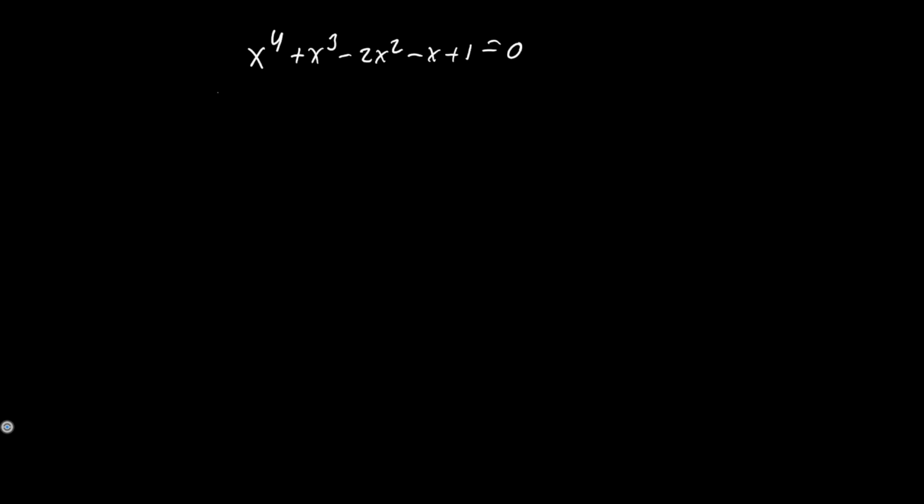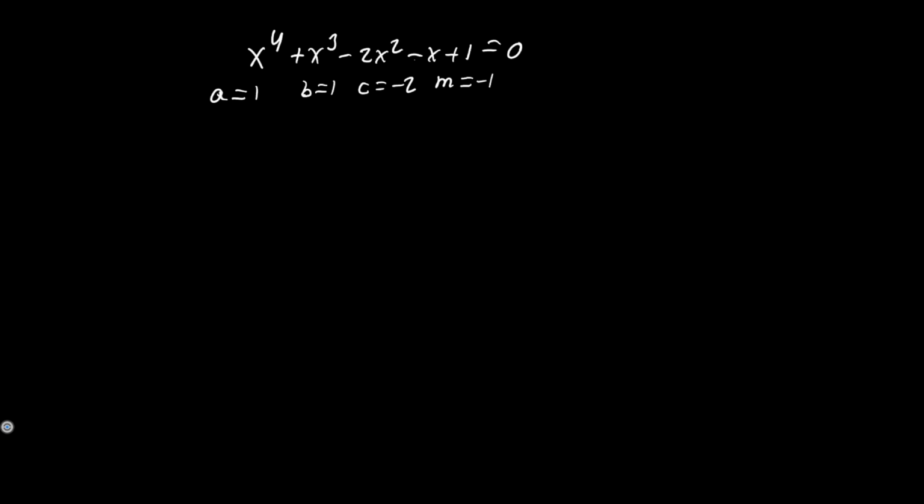So here we see that we have a is equal to 1, since the leading coefficient is 1. And we have b is equal to 1, since we have 1x cubed. c is equal to negative 2. And since we have the negative here, we can assume m is equal to negative 1.